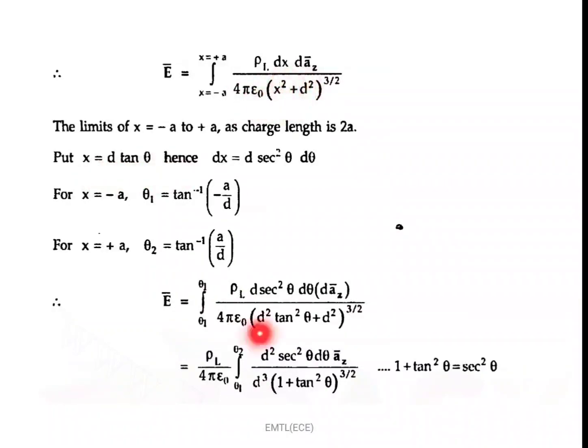So the x square value is d square tan square theta, and d square whole power 3 by 2 as usual. In this integration, the variable is theta, so the remaining terms are all taken as constants. Just write them before the integration.